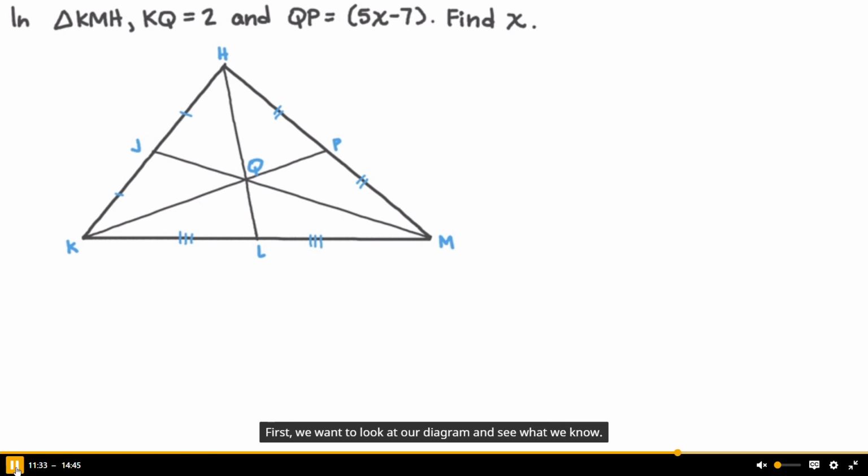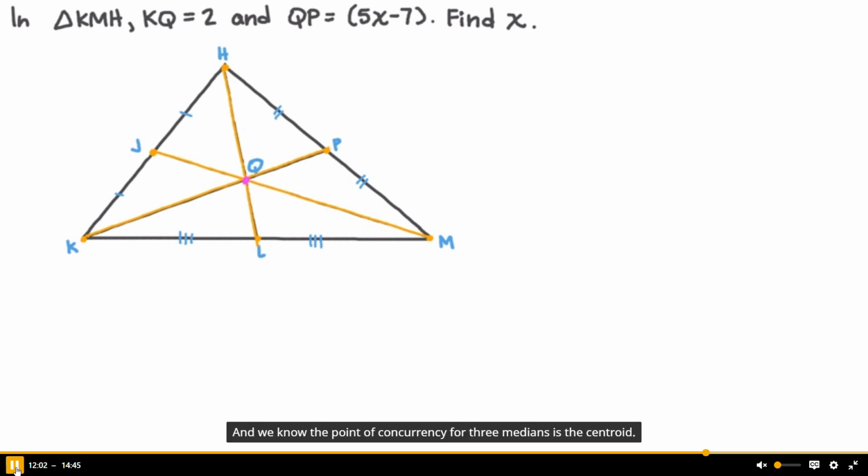First, we want to look at our diagram. We see that the points J, P, and L divide each side of the triangle in half. And then we have a line from each of the vertices to these points. The segment from the vertex to the midpoint is called a median. And that means HL, MJ, and KP are all medians of the triangle.